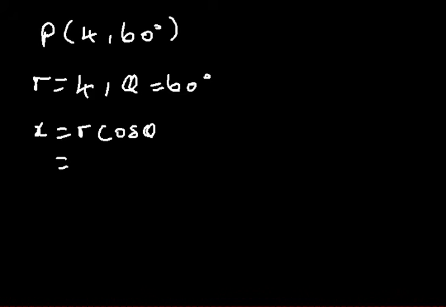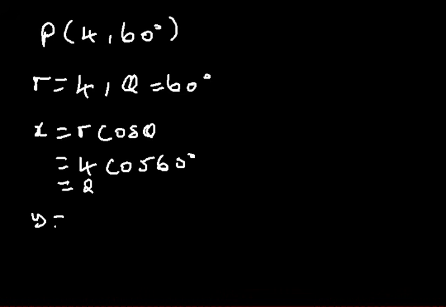And that is given as 4 times cos 60 degrees. So what would that be? 4 cos 60 degrees is given as 2.